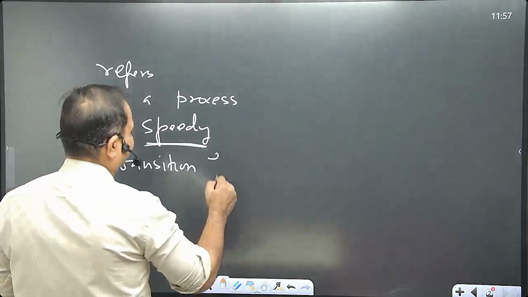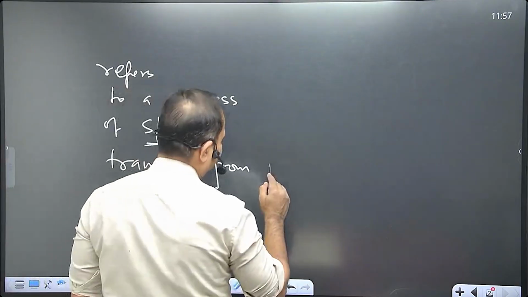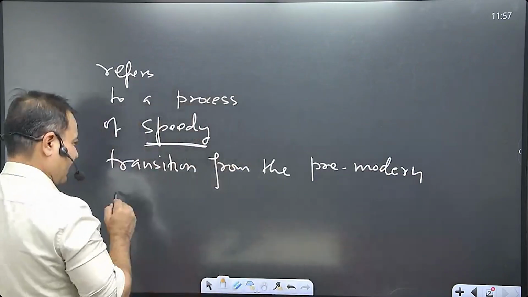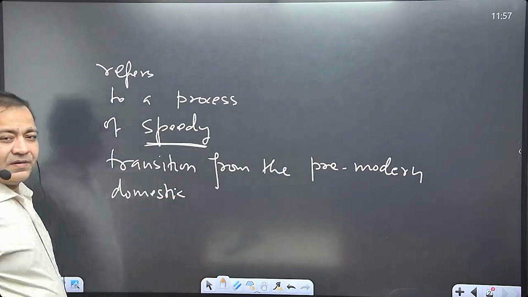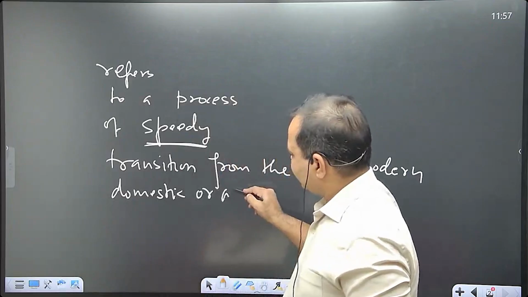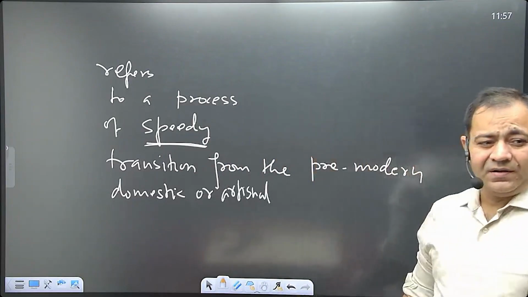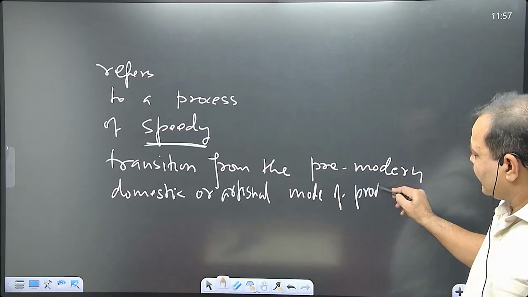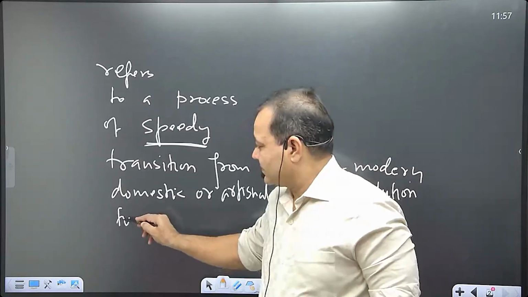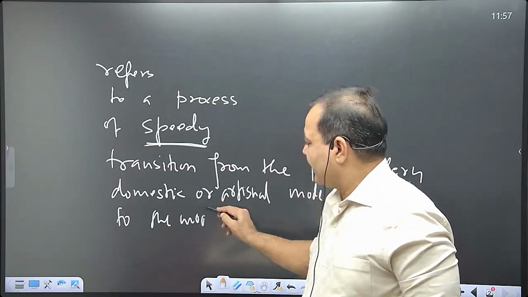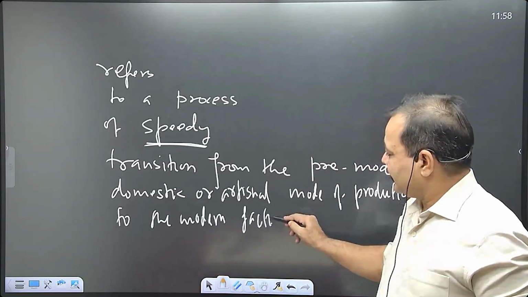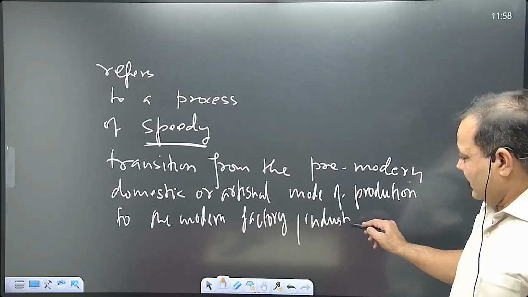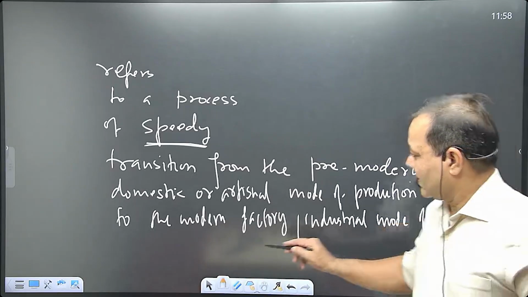So, a speedy transition from the pre-modern domestic, or the same is also called artisanal, artisans, artisanal mode of production, to the modern factory slash industrial mode of production.